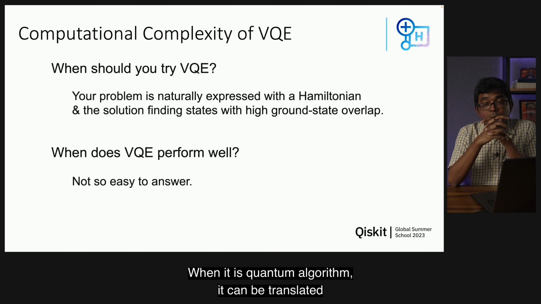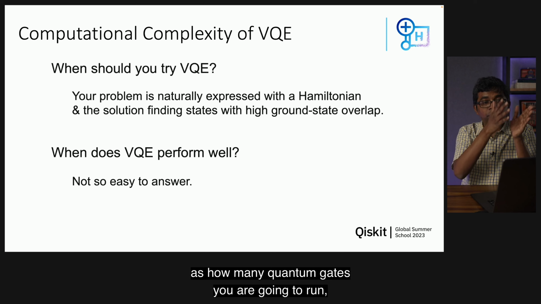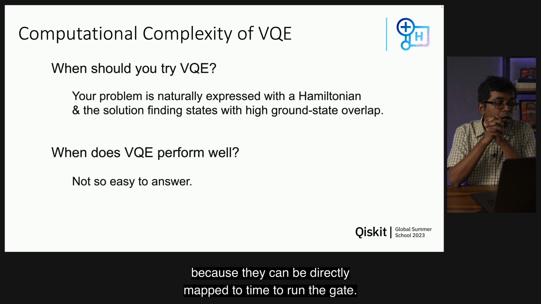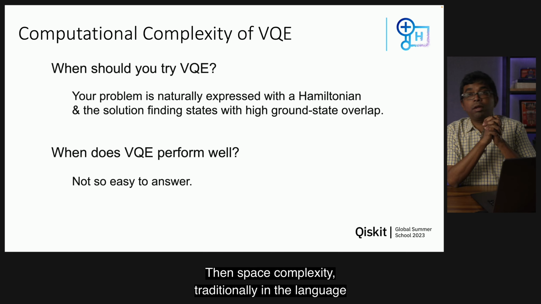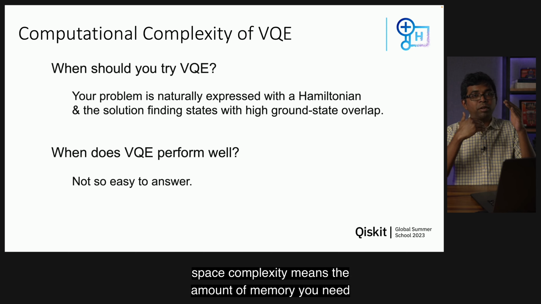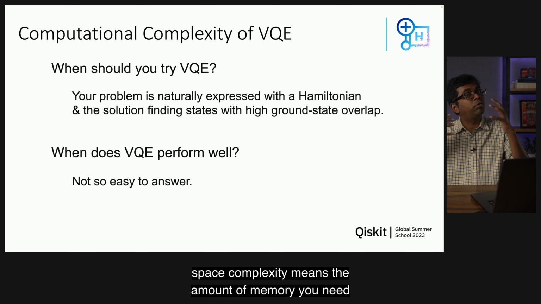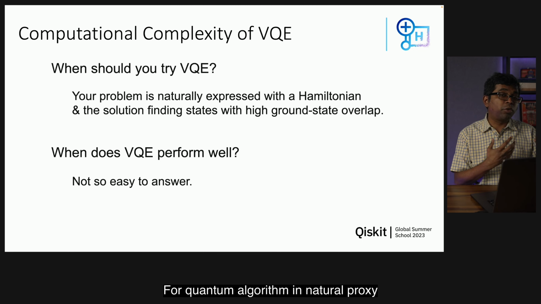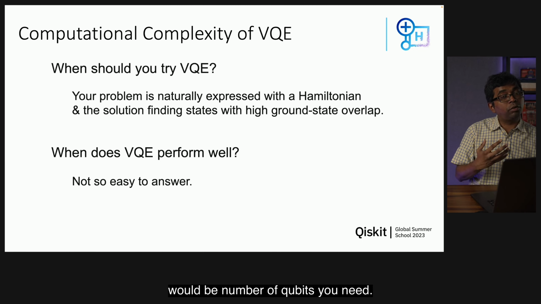When it is a quantum algorithm, it can be translated as how many quantum gates you are going to run, because they can be directly mapped to the time to run the gate. Then space complexity, traditionally in theoretical computer science, means the amount of memory you need to run the algorithm. For a quantum algorithm, a natural proxy would be the number of qubits you need.